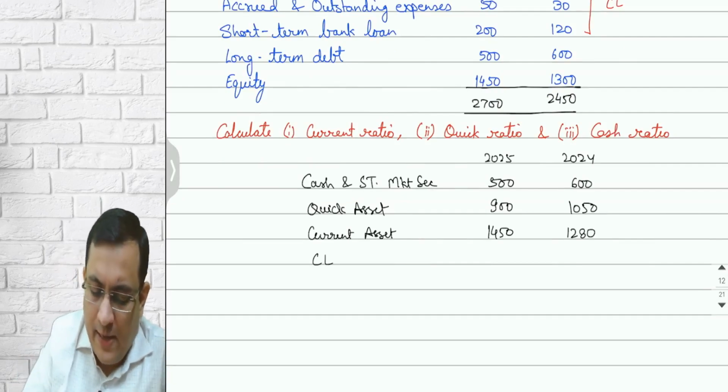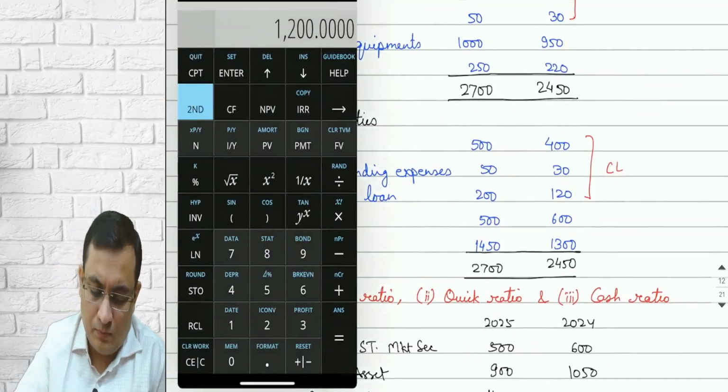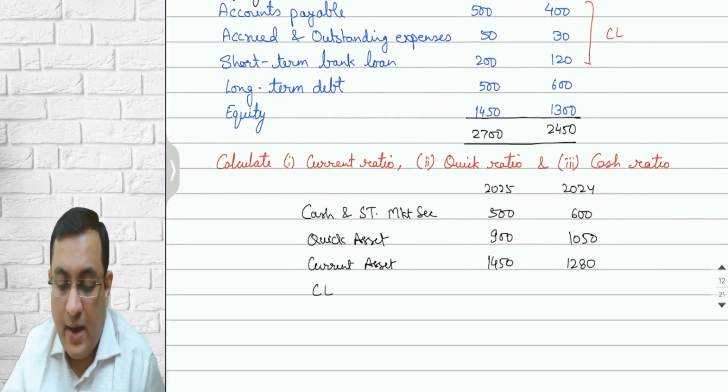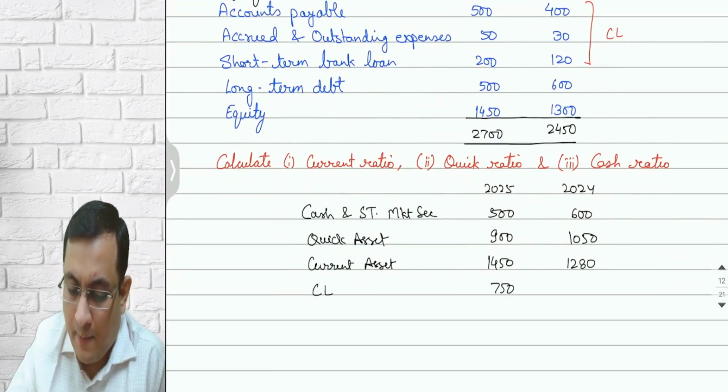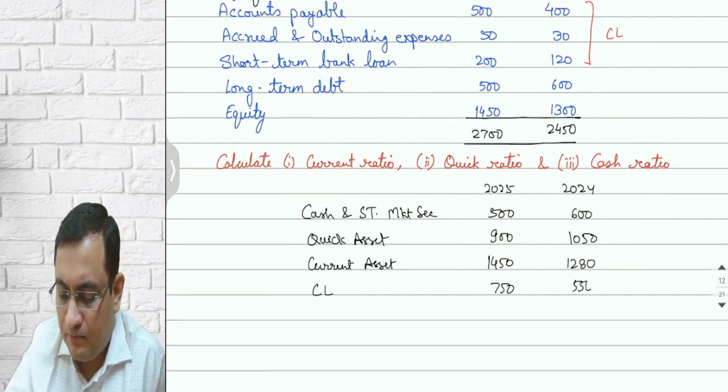Now what are the current liabilities? 1280 plus 950 plus 220, 1290, 440. Now what are the current liabilities? 500, 750. And here 400, 500, 550.